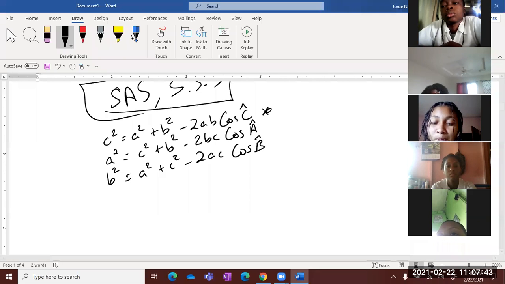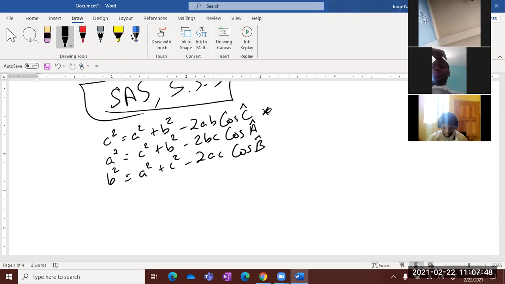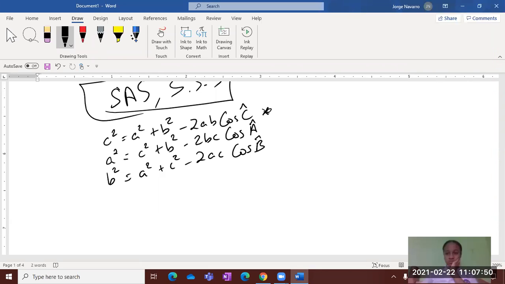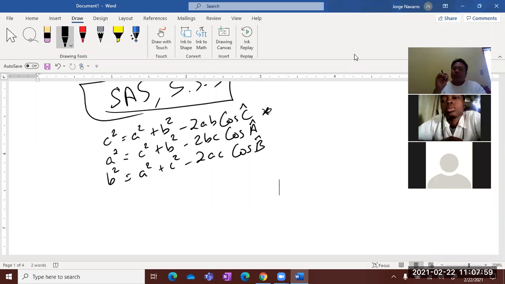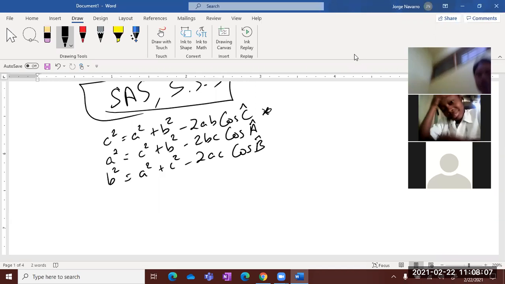The only time that there is a transposition is when I am looking for an angle. So whenever I am looking for an angle, that is when I will transpose. And let me show you the transposition.